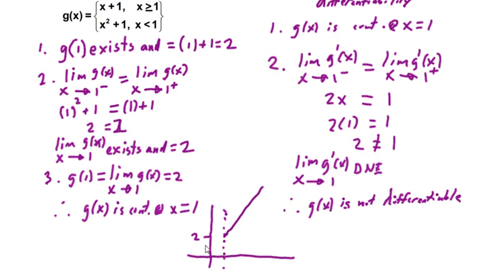On the left side we have this x squared plus 1 that looks like this. What's happening right at this juncture is, while we have continuity, from the left side the slope is 2, from the right side the slope is 1, and so there's a corner, a sharp corner, and that disqualifies the differentiability.